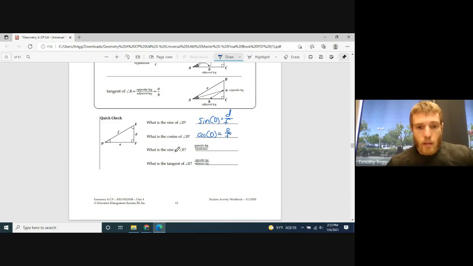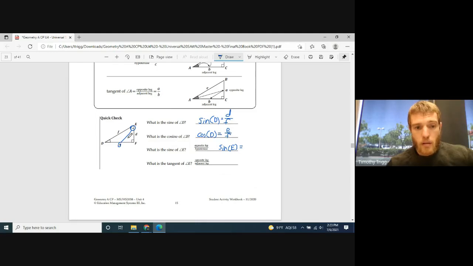Next, it says, what is sine of angle E? So again, sine of E in this case. So now we're not looking from angle D, we're looking from angle E. What would be the opposite leg from there? Well, that would be lowercase e.